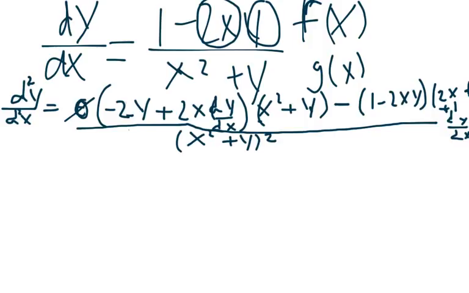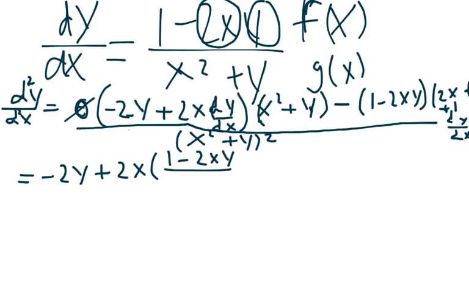Now for simplification purposes, you're supposed to FOIL. Since we were provided with dy over dx, we're just going to replace it. So you get negative 1 minus 2xy over x squared plus y.